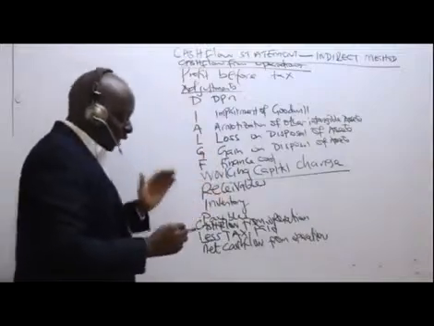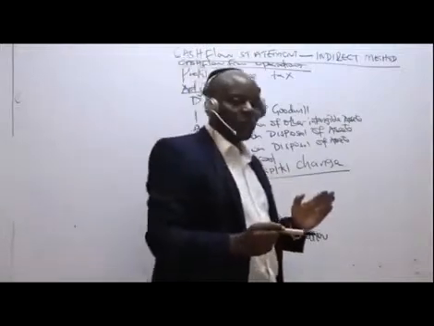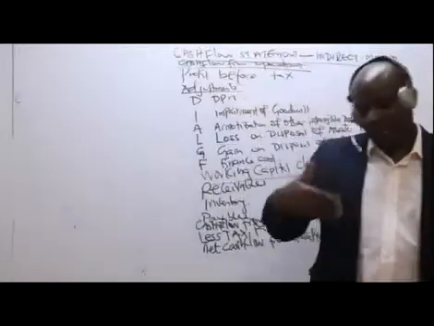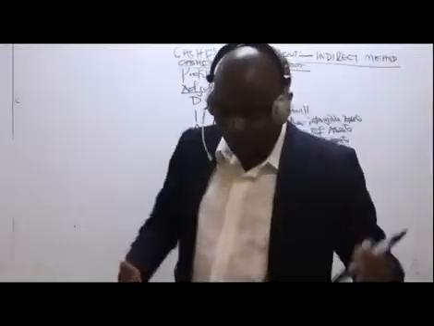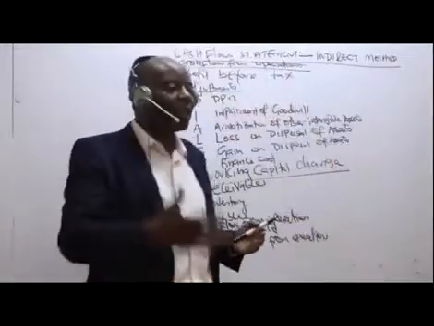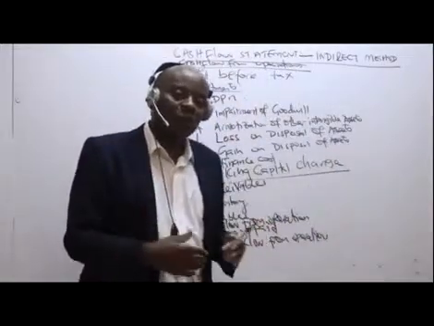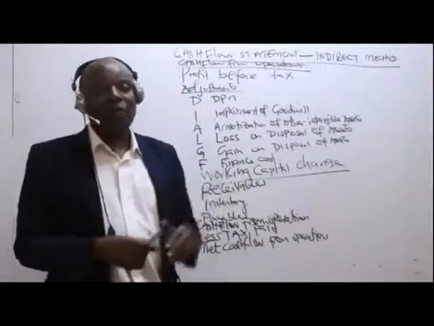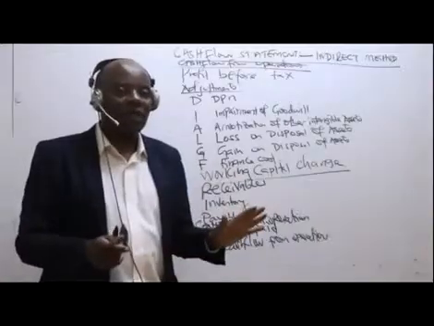Remember, we have cash flow from three key sectors. We have cash flow from our day-to-day operations, from selling, revenues, cost of sales. Then we have cash flow from investing activities, and cash flow from financing activities.